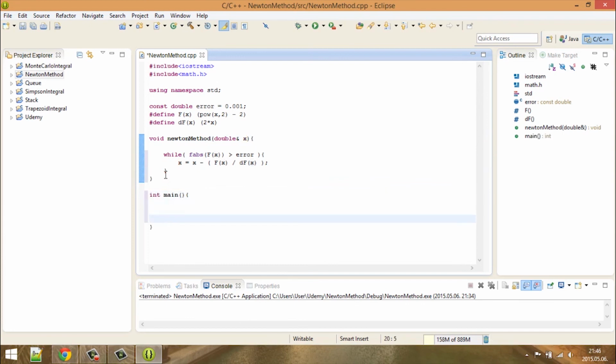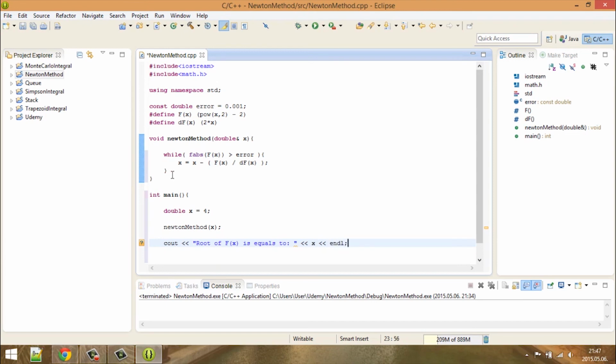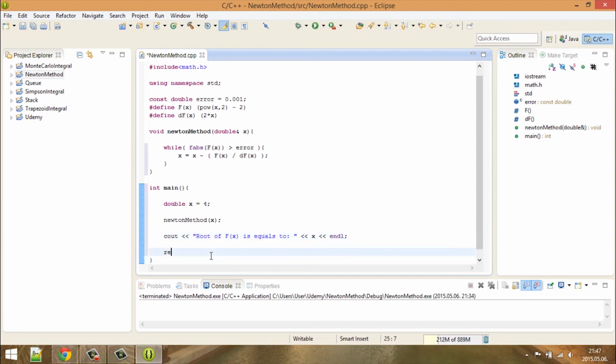And here we have, for example, the guess, double x is equal to 4. We have a Newton method with the x, and the root of f(x) is equal to, and I'm going to print out the x and an end line, and I should return 0, for example.